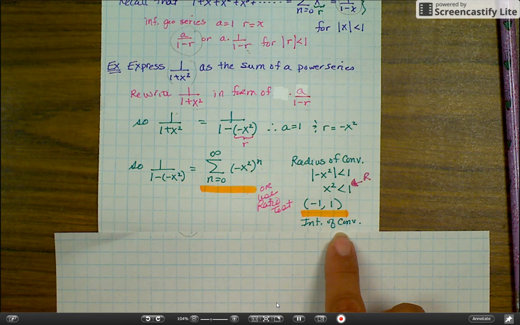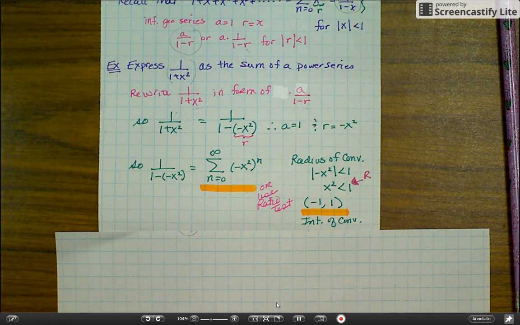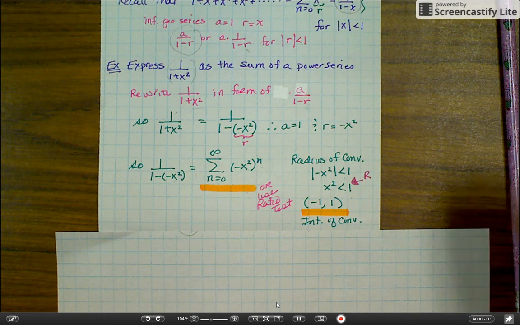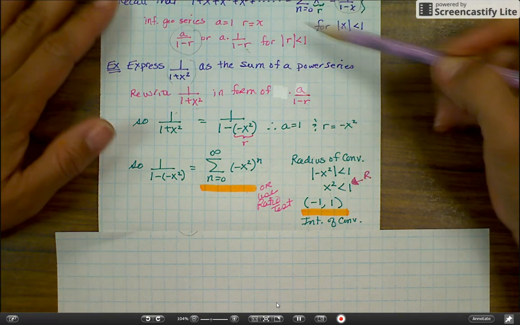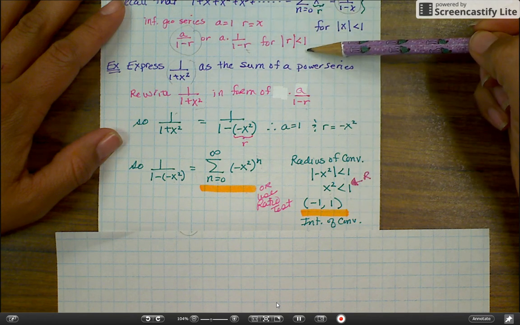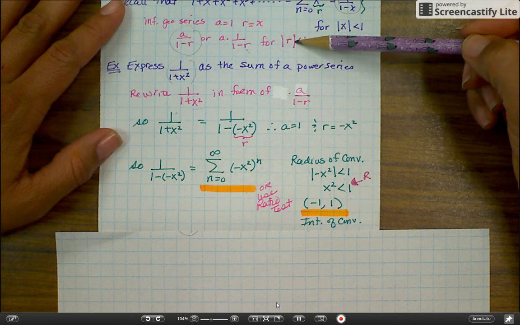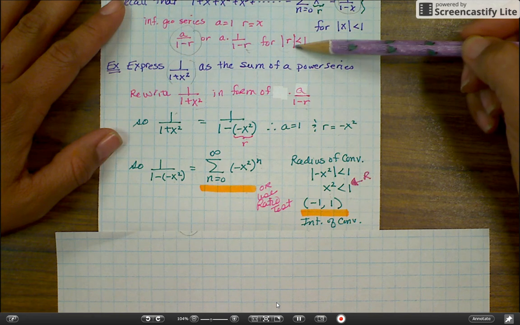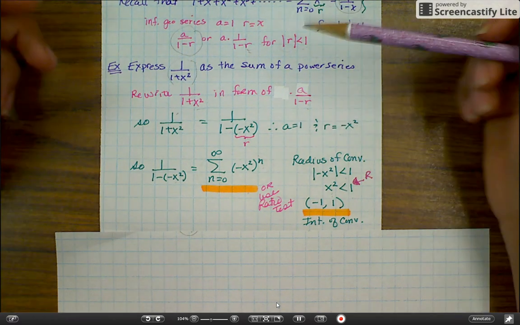Here, I don't have to test my endpoints like we did yesterday with the ratio test, because since we're treating this like a geometric series, it converges only if the absolute value of r is less than 1, not equal to. There's no inconclusive situation here.